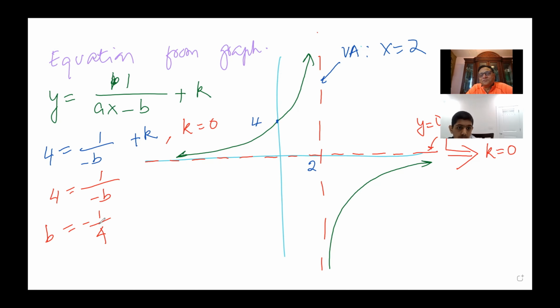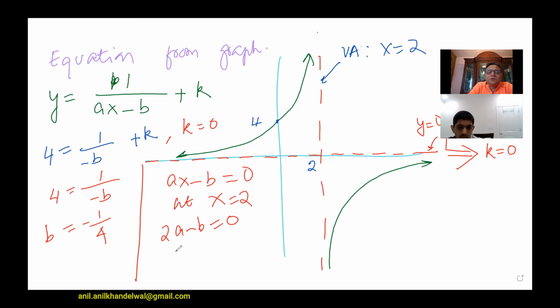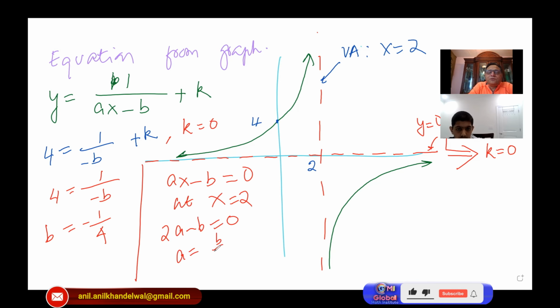Now, how do you find the value of a? You know that ax minus b is equal to 0 at x equals 2, because that is a vertical asymptote. Is that clear to you? So if you plug 2 here, you get 2a minus b equals 0, and a is equal to b by 2, right?